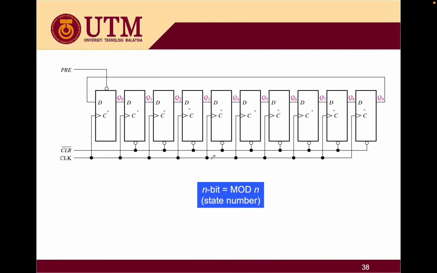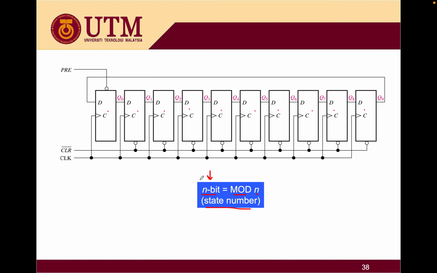An n-bit counter equals mod n, meaning this is the number of states you're going to have. If it is 10 bits, you're going to have mod 10, which is 10 states, from 0 0, then 0 1, 0 2, 0 3, and until looping back to 0 0. That is just an example.